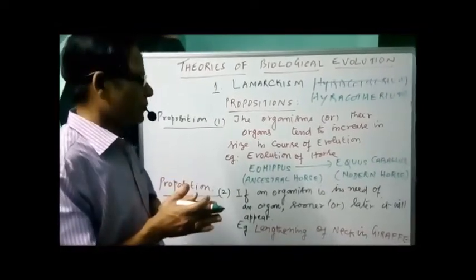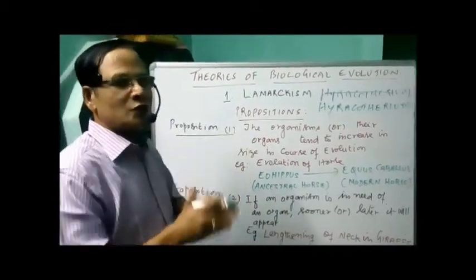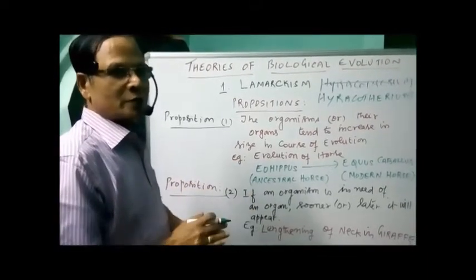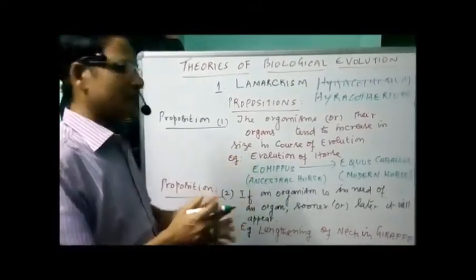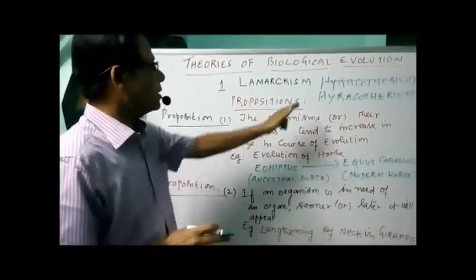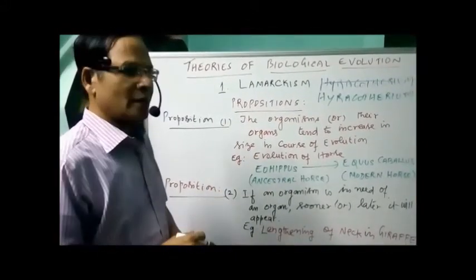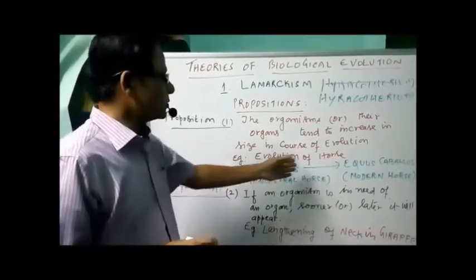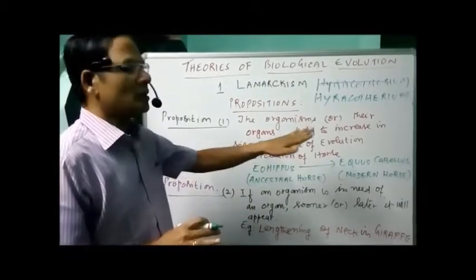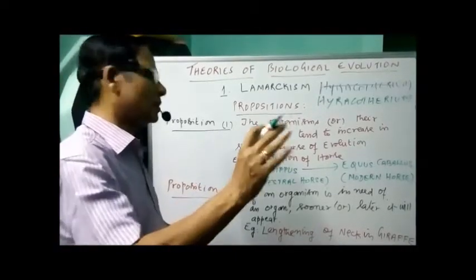In the course of evolution, it became the largest modern horse, passing through different stages like Miohippus, Mesohippus, Merychippus, Pliohippus. There are some intermediate stages between Eohippus, the ancestral horse, and the modern horse, Equus caballus. So an increase in size of this animal took place, from the smallest ancestral horse to the modern horse. This is the first proposition, increase in size of the organ or the entire organism.